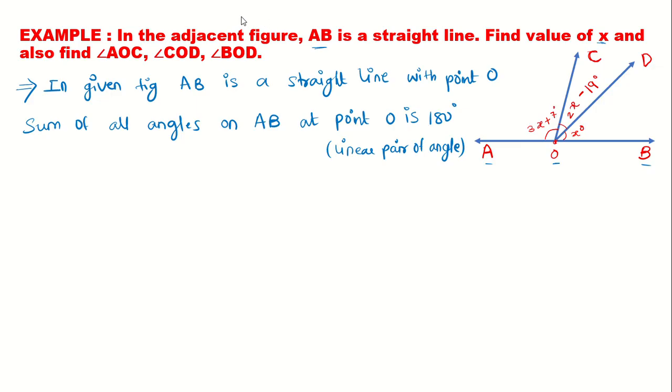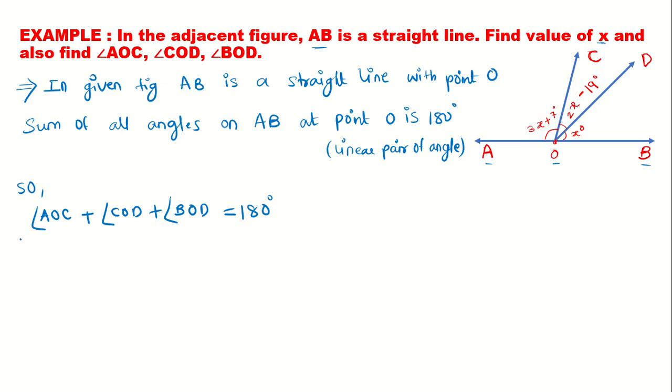Now you are required to write all the angles given on this straight line. So the angles which we have are angle AOC plus angle COD plus angle BOD, which is equal to how much? 180 degrees from linear pair of angles.